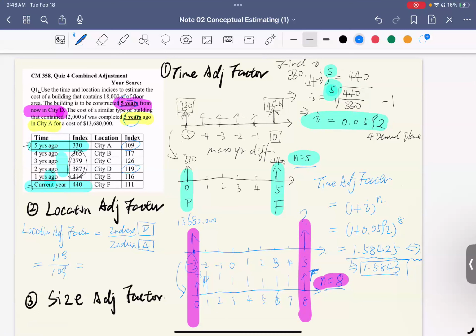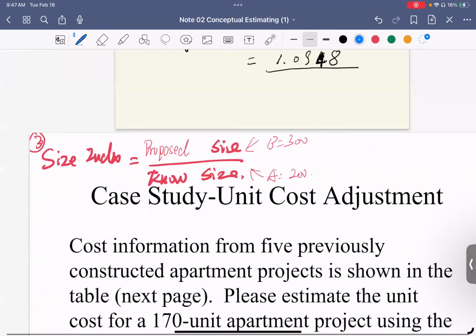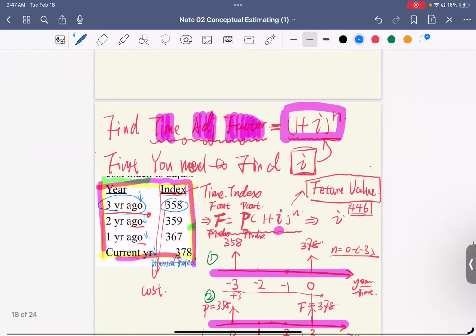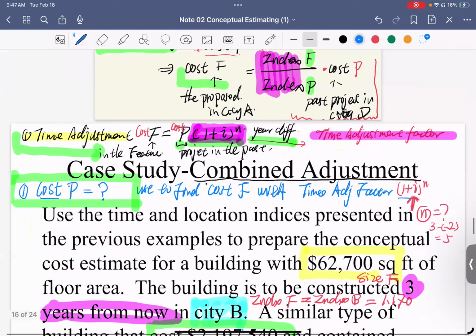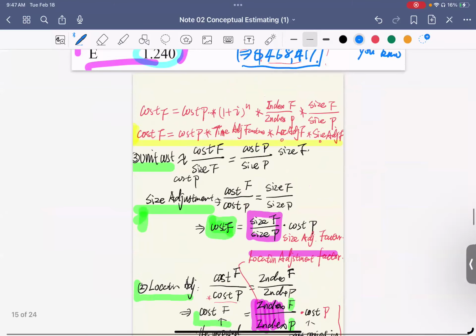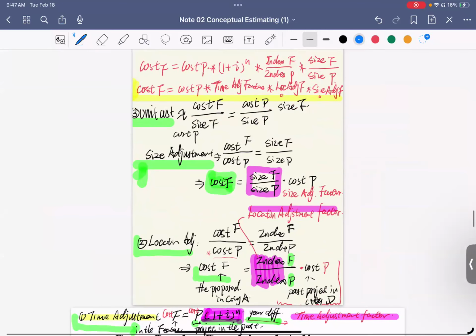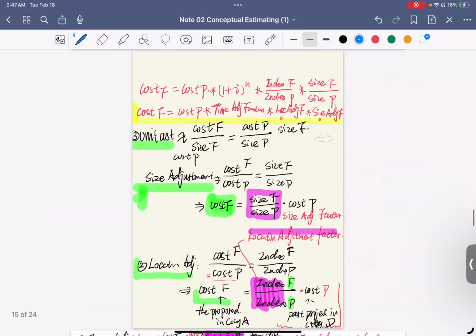This new one is in city D, so you need to put D over A. I explained this one before. If you forgot or did not attend the class, you need to go back and see the lecture notes. Also this is combined with a video recording as well. You can go back to that one, and it will tell you how to do the combined adjustment. All right, thank you.